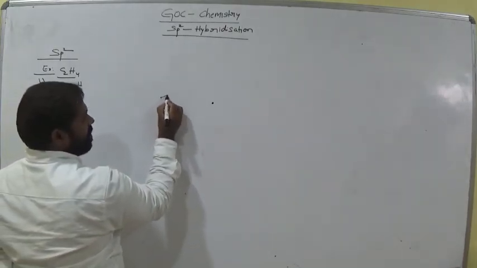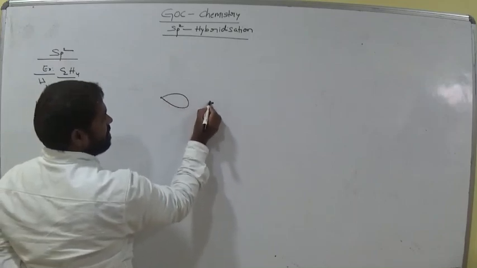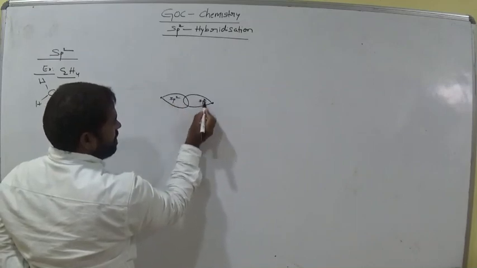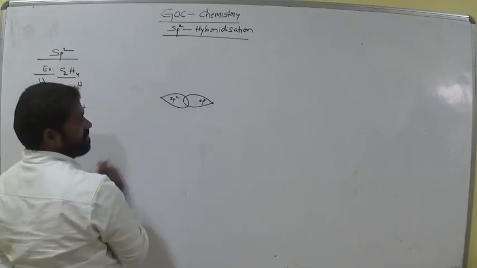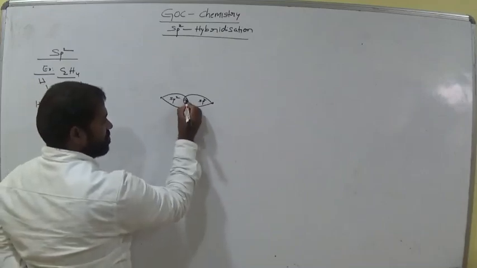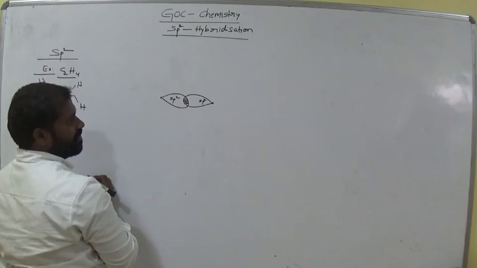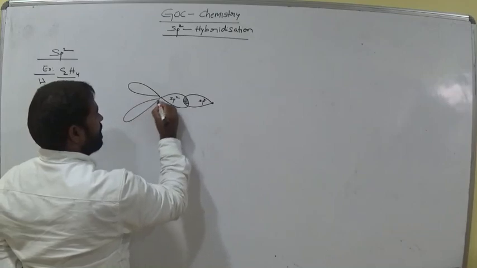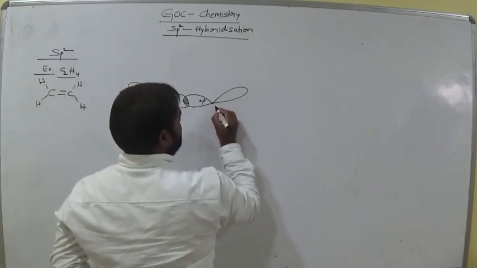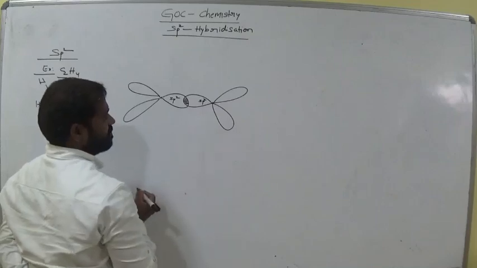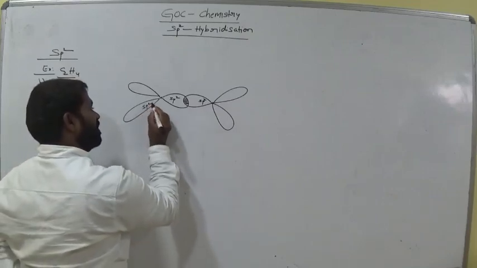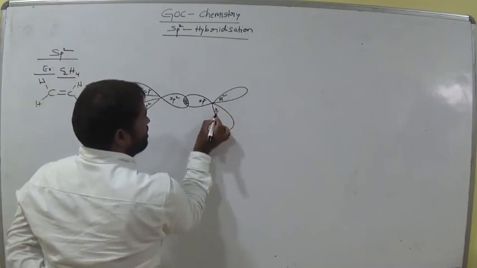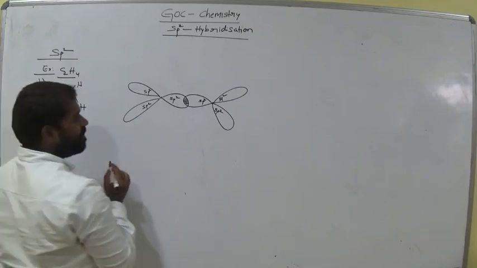Now one sp2 of this carbon, another sp2 of this carbon, sigma bond, axial overlapping. Which overlapping? Axial overlapping. Next, another sp2, another sp2. This is the second sp2 of each carbon. Clear up to here, everyone?